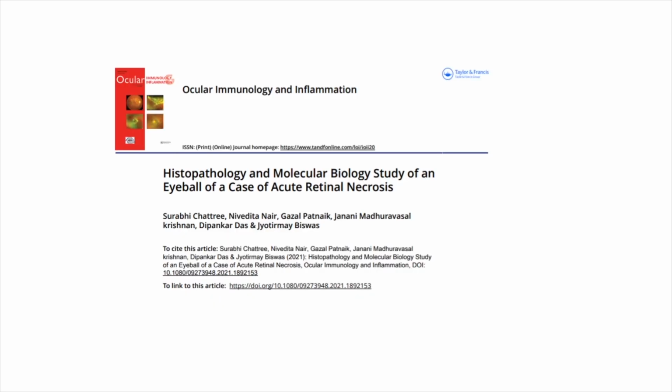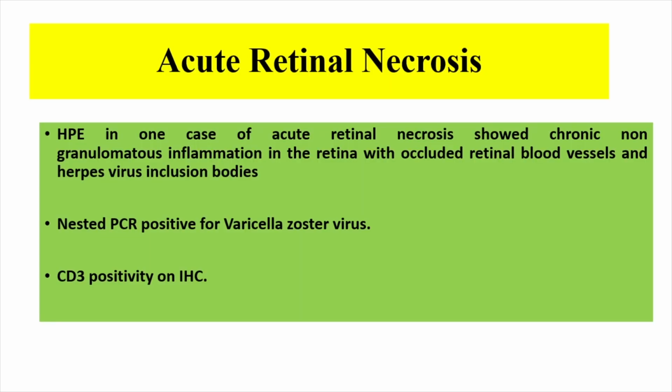We did a histopathologic and molecular biologic study of an eyeball of a case of acute retinal necrosis, and we found a chronic non-granulomatous inflammation in the retina with occluded retinal blood vessels and herpes virus inclusion bodies.